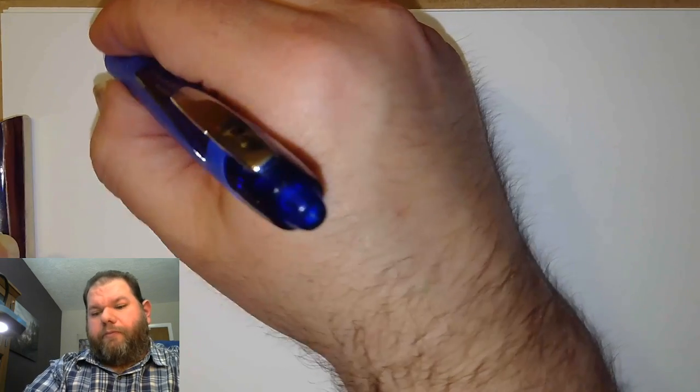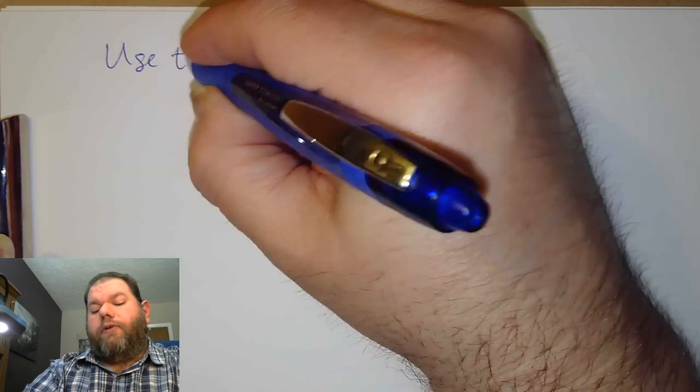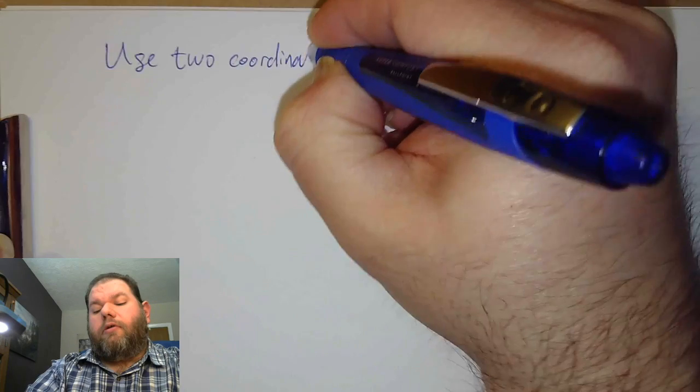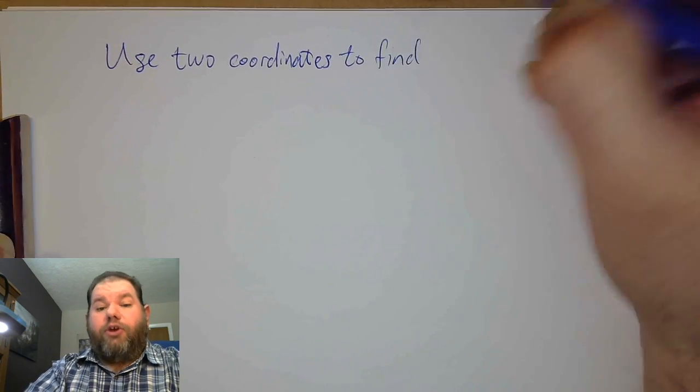Okay, so the goal is to use two coordinates to find the equation of a line.